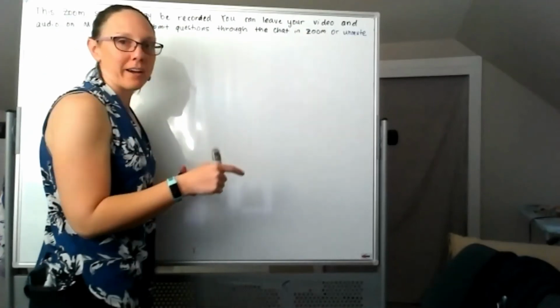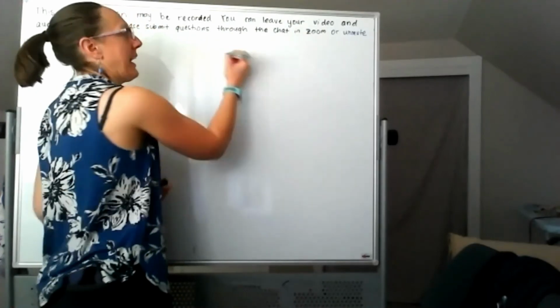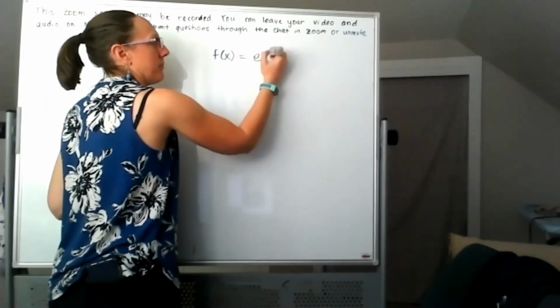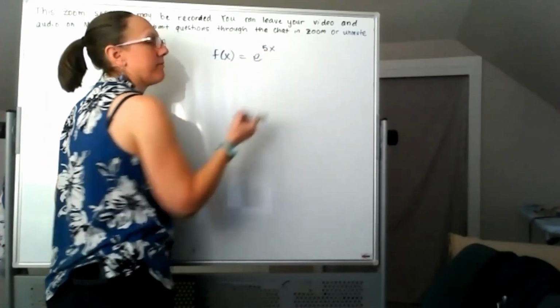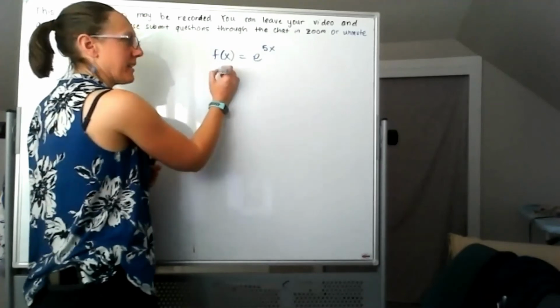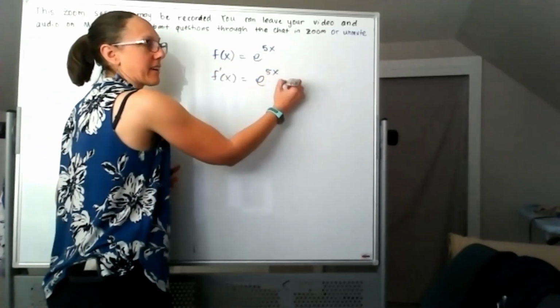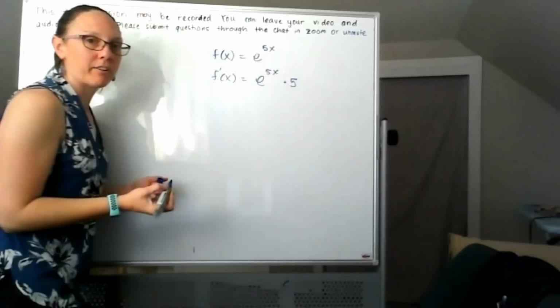So thinking back to 17a, if I had a function like e to the 5x, then when I take that derivative, I'm going to end up with e to the 5x times 5.